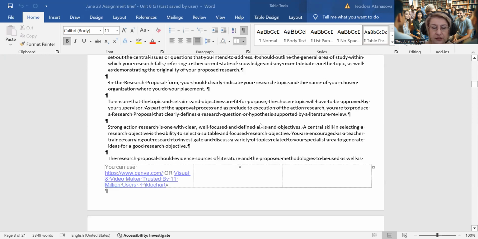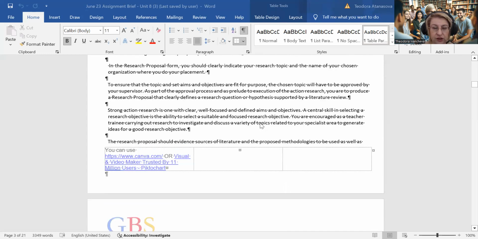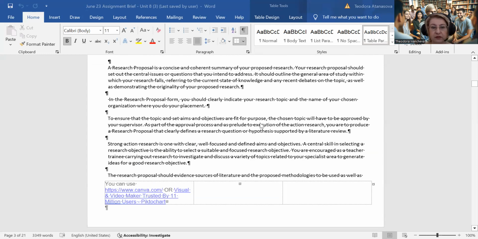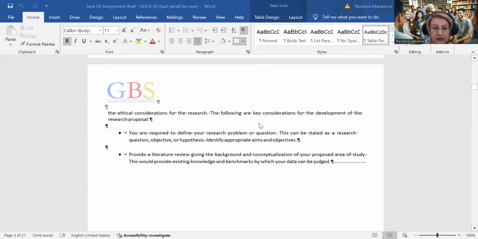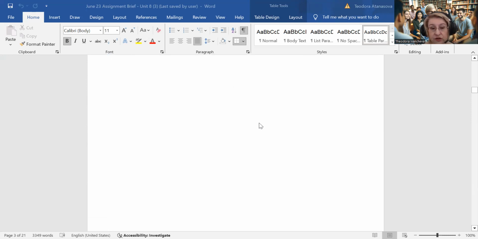So focus on the details about your research. Tell us a little bit about the topic itself, what research question you're going to address, what kind of literature review and resources you have discovered for this particular topic, and what kind of research methods and research tools you're going to employ.